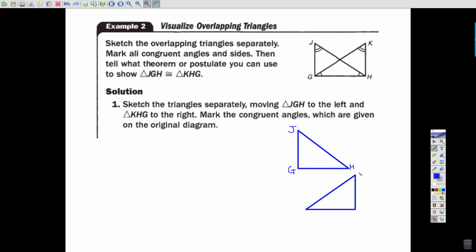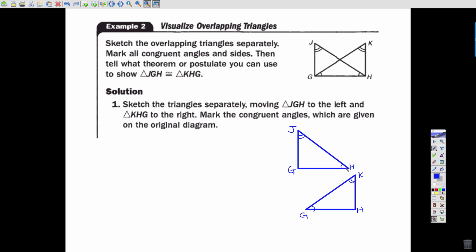If I label this KHG and make sure you carry the markers correctly, the tick marks, okay? So first step, I sketch the triangle separately, moving JGH to the left and KHG to the right. I couldn't do it on the right, but you got the point.